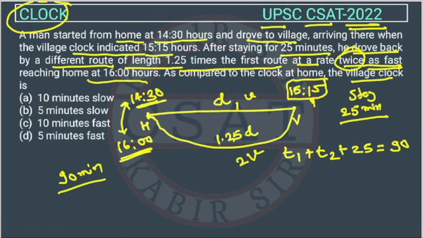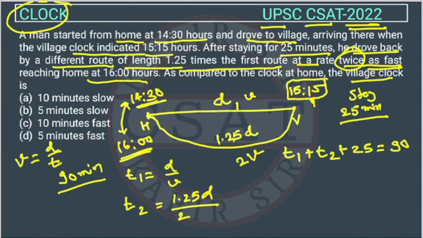Now we know T1 is distance over speed. We are using the formula: speed equals distance upon time, चाल बराबर दूरी बटे समय. So this T1 will be D upon V. Now T2 will be how much? T2 will be 1.25 D upon 2V.